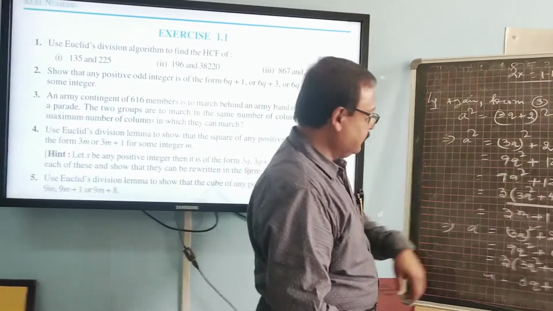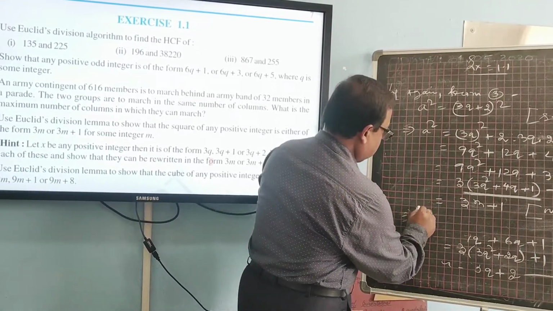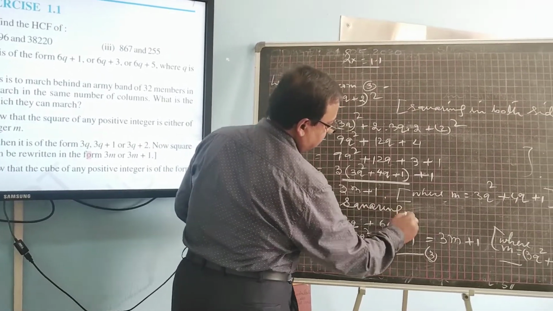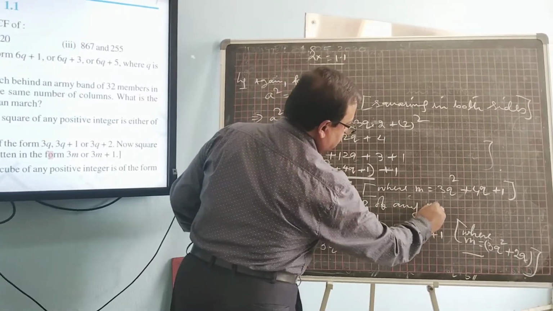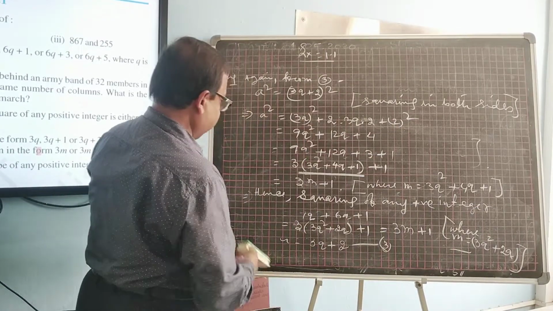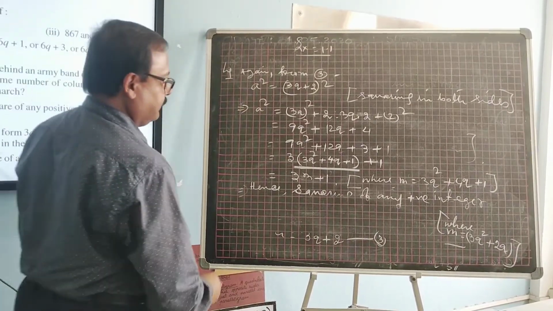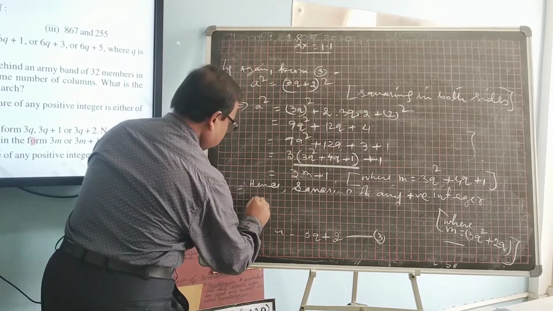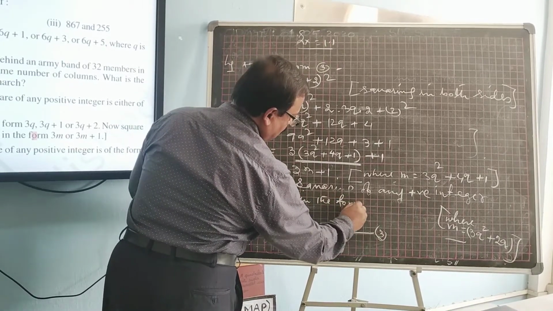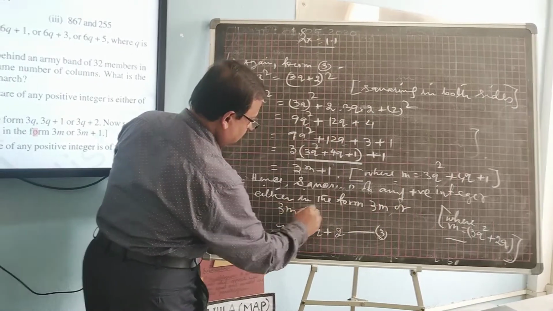So we can write, student, hence the square of any positive integer is either of the form 3m or 3m plus 1.